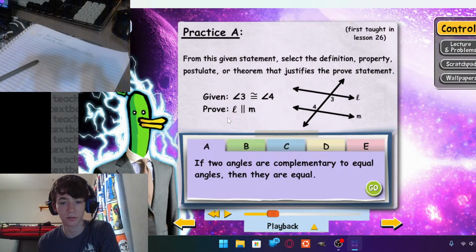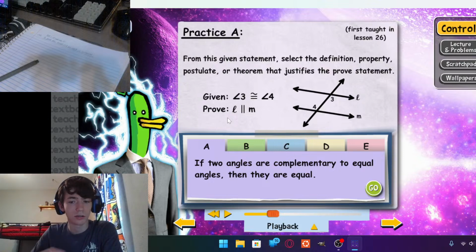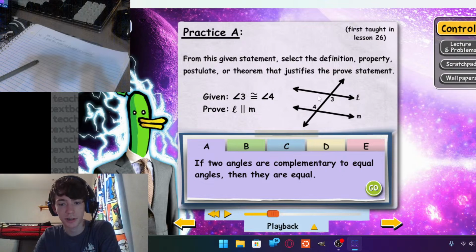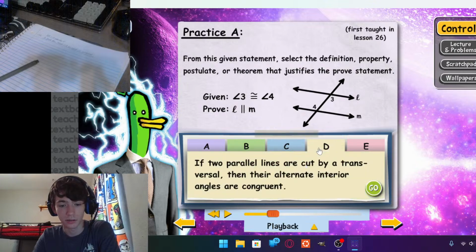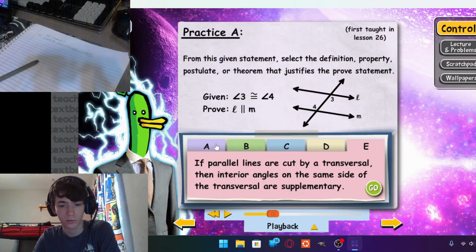Proves that L and M. Okay. So this is supplementary to this, it looks like. And this is equal to that, so that's also supplementary. So it's going to be... what on earth?